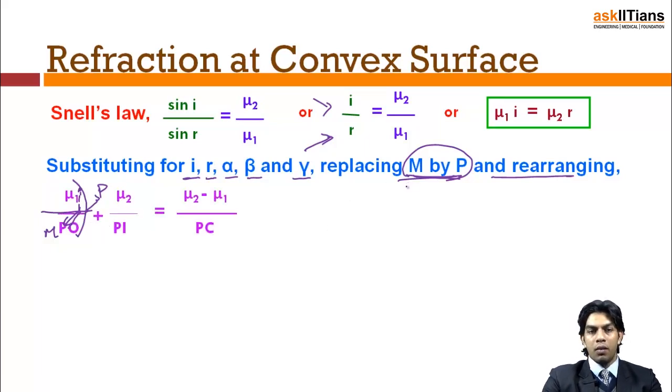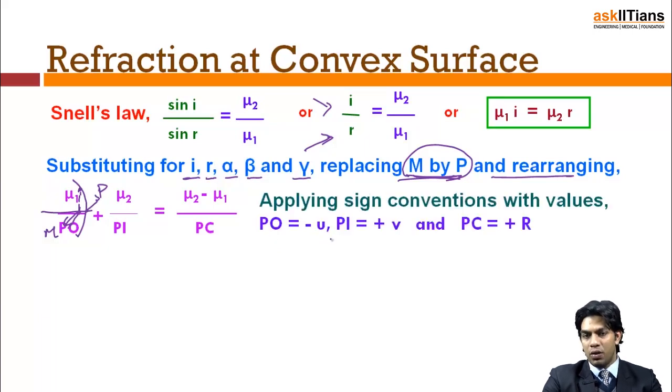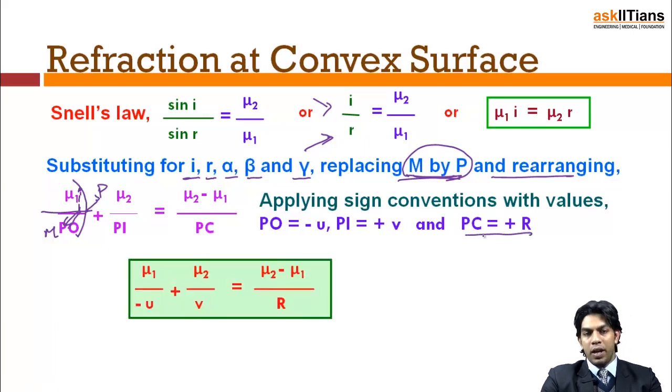So mu 1 by PO plus mu 2 by PI is equal to mu 2 minus mu 1 by PC. Applying the sign convention, PO is minus u, PI is plus v, PC is plus R, and we end up getting this expression.